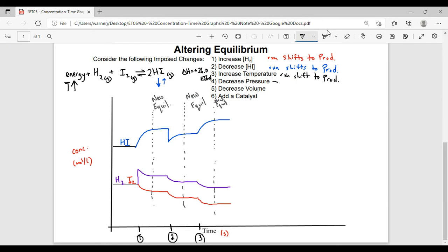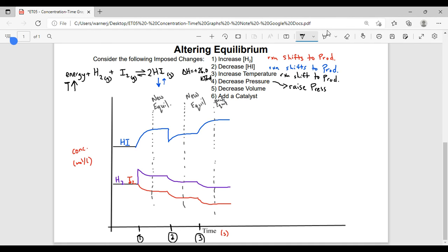So I'm just going to write this down here. It's going to try and raise pressure, to do the opposite. That's what the reaction wants to do. To raise pressure, remember, we need more gas molecules slamming into the side of the container.